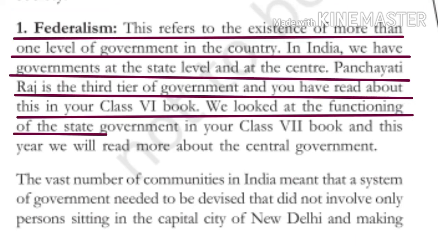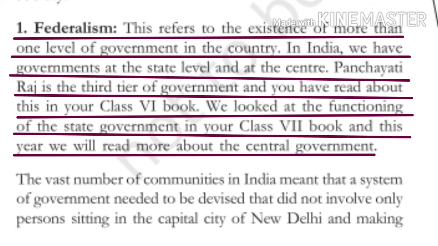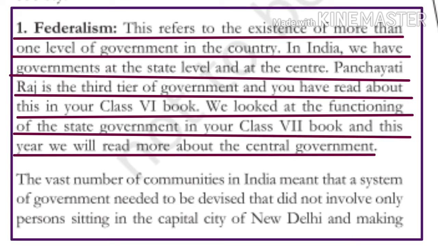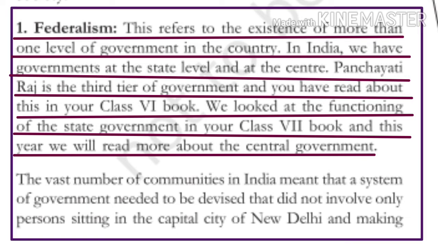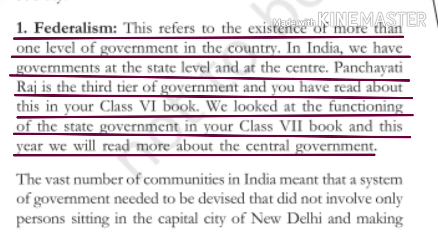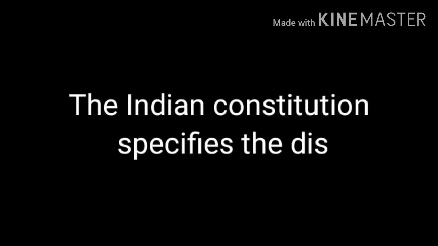Meaning to say that federalism refers to the existence of more than one level of government in the country. As we can see in our country, the government has 3 tiers: first, central government; second, state government; and third, local government.